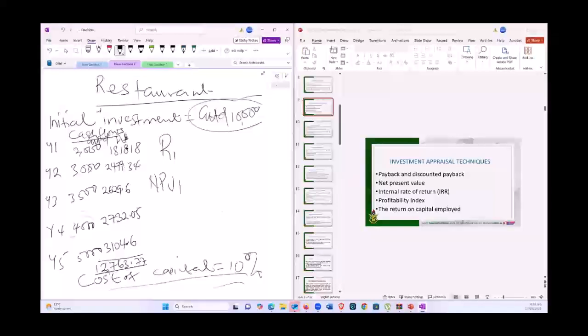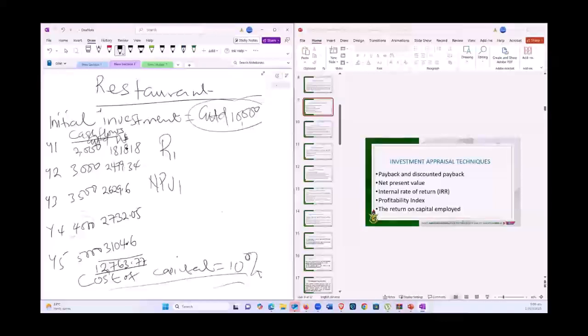Use the initial cost of capital to discount the nominal cash flows, the 2,000, 3,000, 3,000, to obtain their present values. You sum them up to obtain the total present value. Then you go through the process to obtain your net present value, which you label as NPV1.